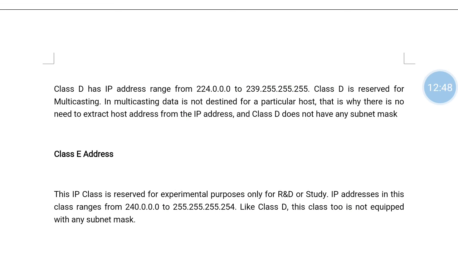And lastly comes class E. This IP class is reserved for experimental purposes, only for R&D or study, and IP addresses in this class range from 240.0.0.0 to 255.255.255.254. So this is the internet protocol and IPv4.